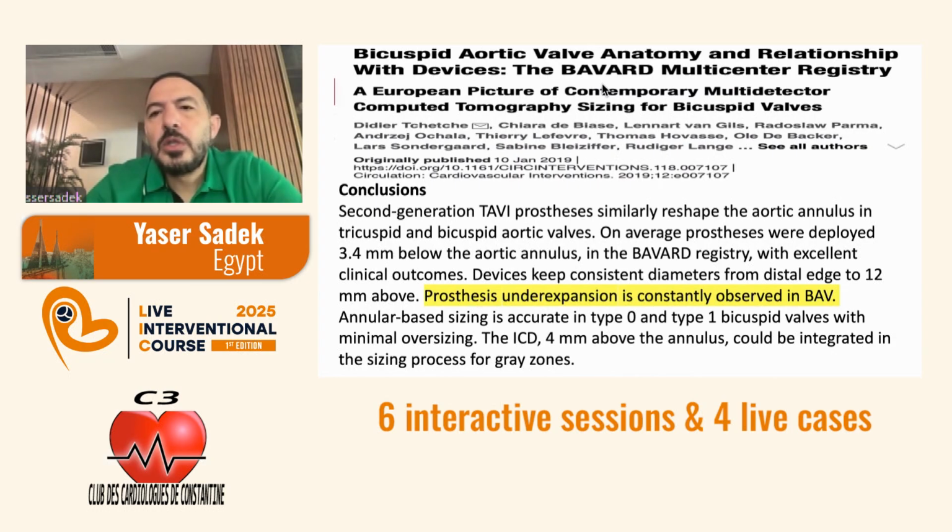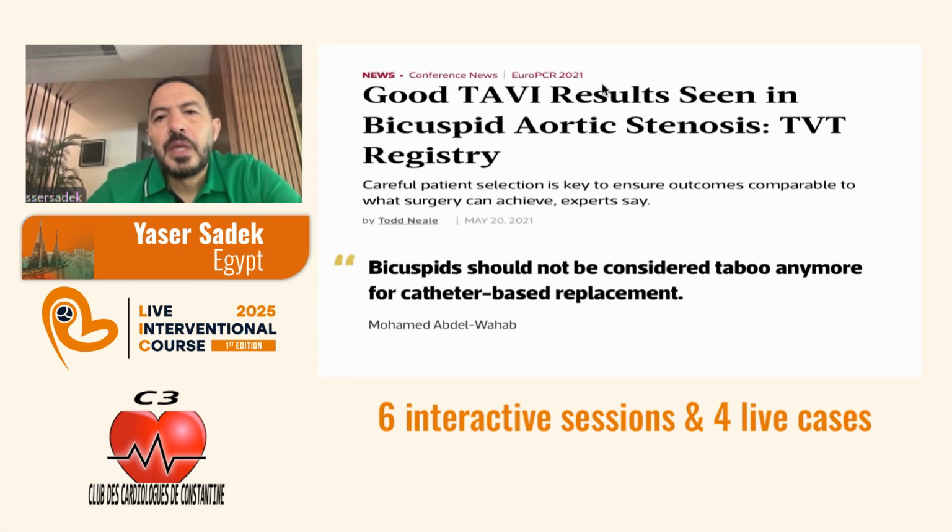So bicuspid aortic valve anatomy has been tackled in many different registries and in many trials, and we always have procedural underexpansion in all types of bicuspid aortic valve, and this is more evident from a lot of registries.